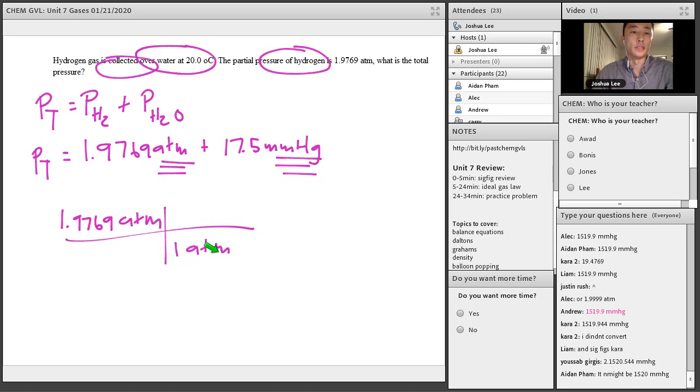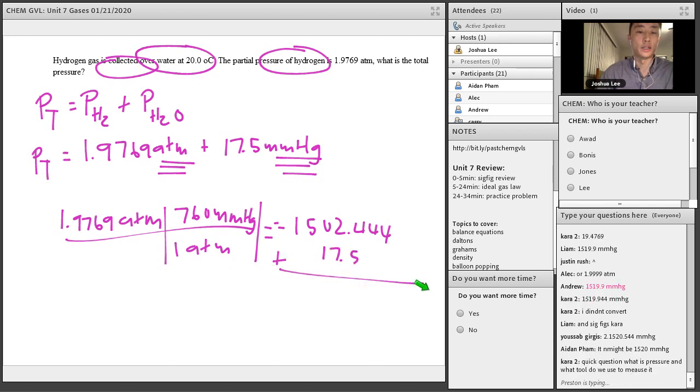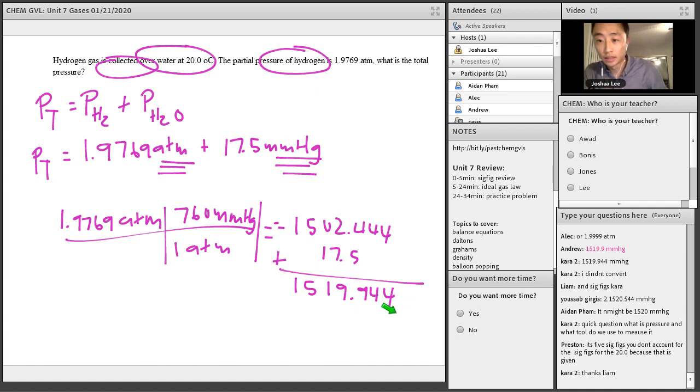For every 1 ATM, there's 760 millimeters of mercury. 1.9769 times 760 is 1502.444. And then we will finally add them together, plus 17.5. You get 1519.944. Now the fun part, figuring out sig figs.